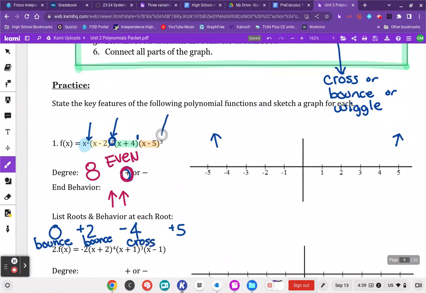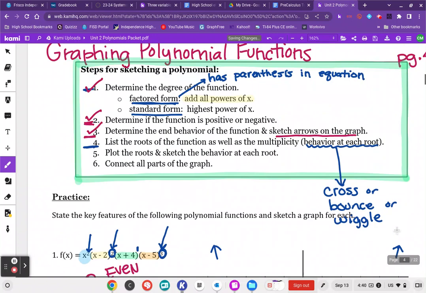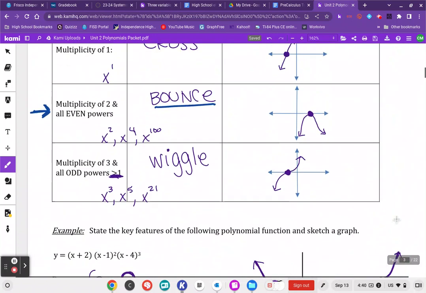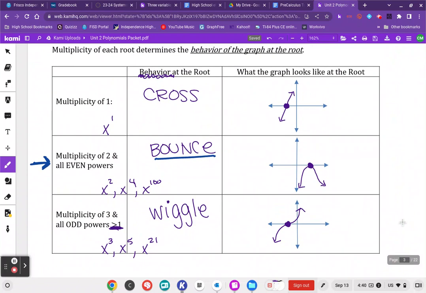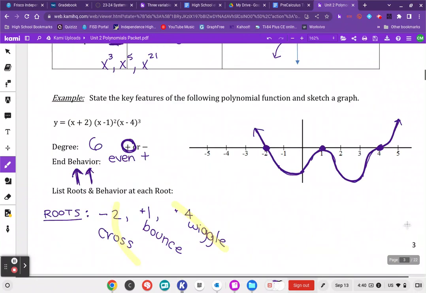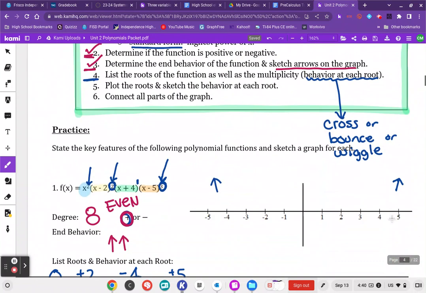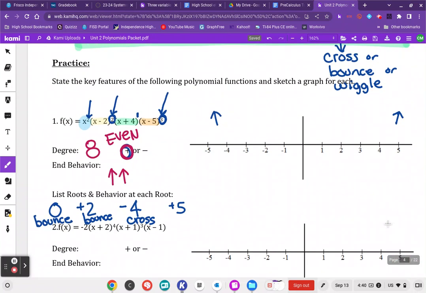And then my last factor has an exponent of 3. And on my notes up here, an exponent of 3 or any odd number that's bigger than that is going to wiggle. It's only an exponent of 1 that will cross. The other exponents, odd and even, give us bounces and wiggles.